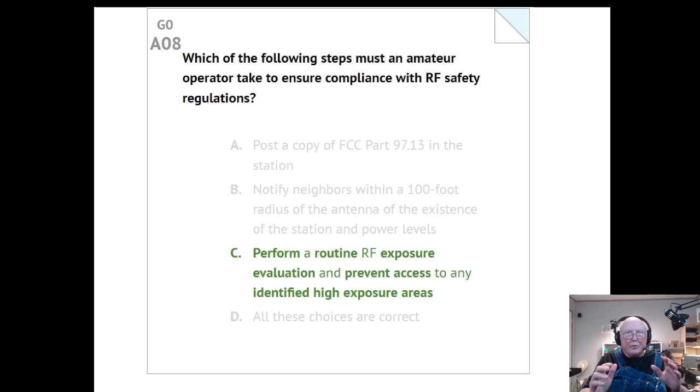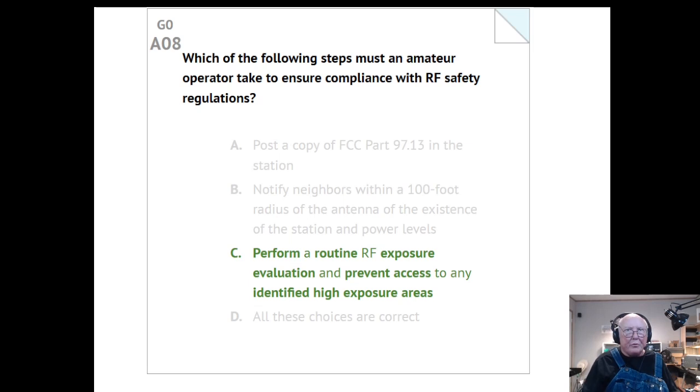Perform a routine RF exposure evaluation and prevent access to any identified high exposure areas. Raise the antenna, get it out of the way. Or if that's impossible, then fence off the area. I don't know this for a fact, but I think that's the reason they've got the AM broadcast towers, or FM for that matter, fenced off.